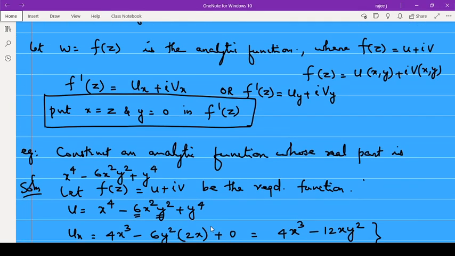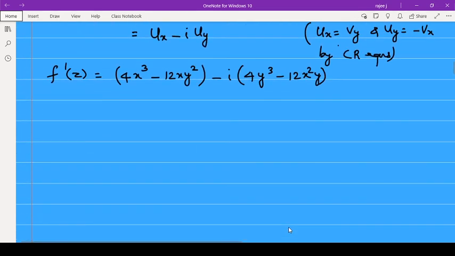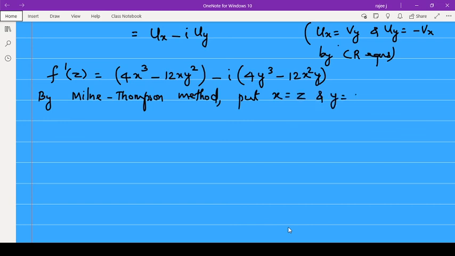Now the Milne-Thomson method is: put x equal to z and y equal to 0 in f dash z. That is the Milne-Thomson method. Therefore, by the Milne-Thomson method, put x equal to z and y equal to 0 in equation number 1.